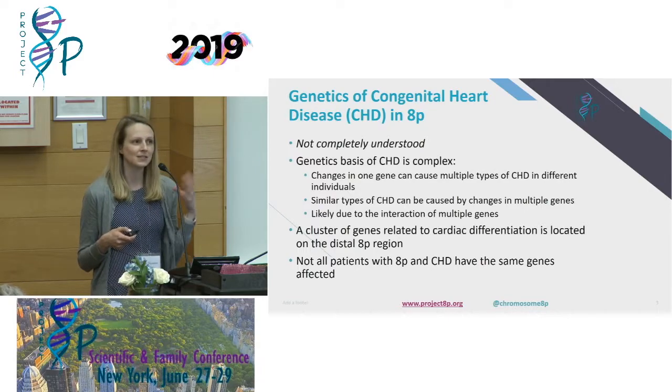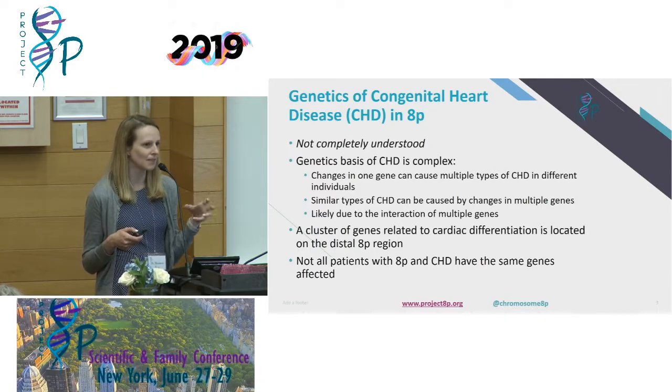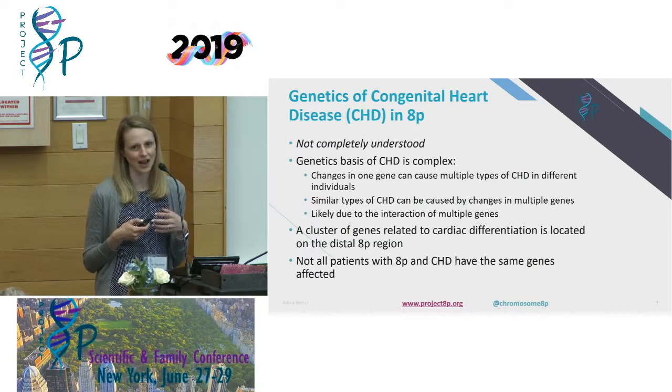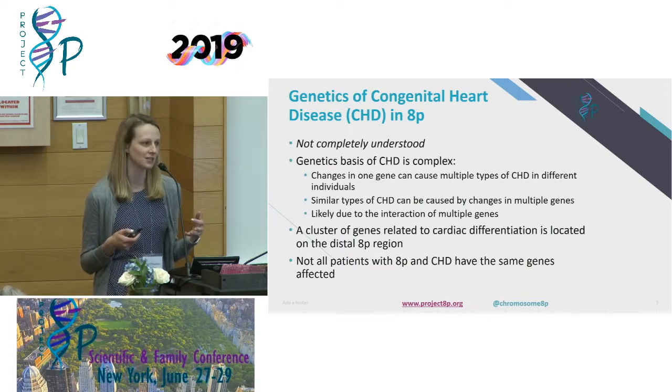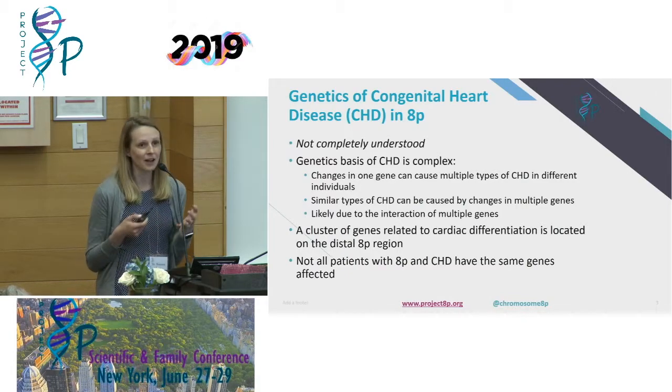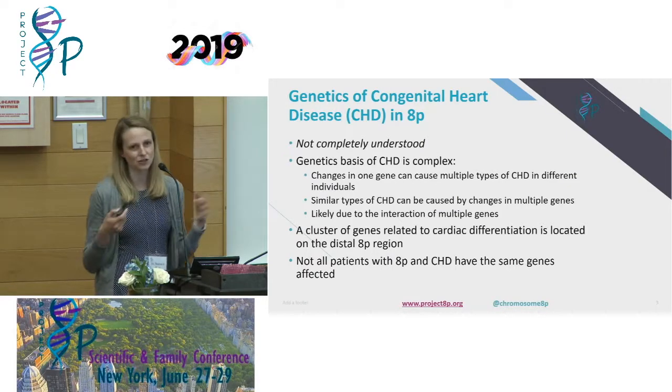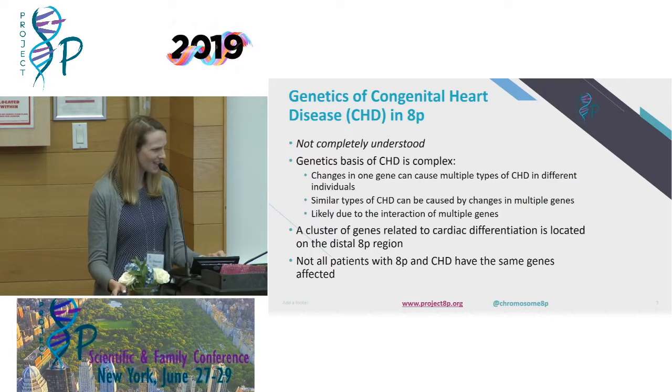We also know that similar types of congenital heart disease, for example an atrial septal defect, which I'm going to talk about later, can be caused by changes in multiple different genes in different people. So there's probably a complex interaction of genetic causes that lead to the development of congenital heart disease. And the heart develops really early, so there are a lot of factors involved.